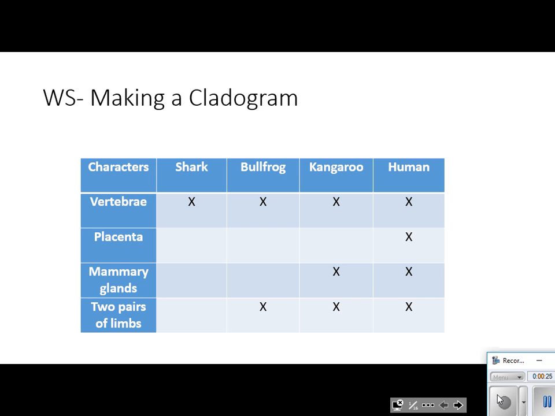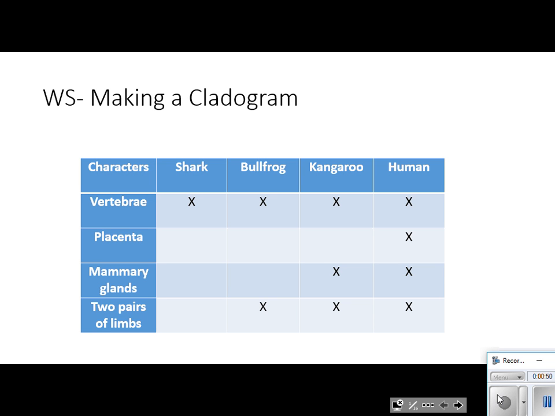So the actual feature or trait was on the left-hand side, and the actual organism or species was on the top. So we don't know how this is going to be. If you get something like this and have to do it on your end of course test, we don't know how it's going to be.